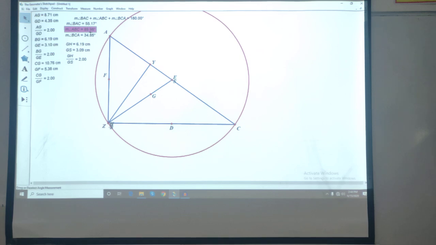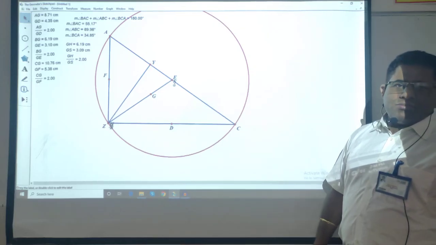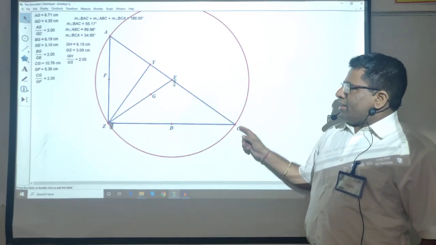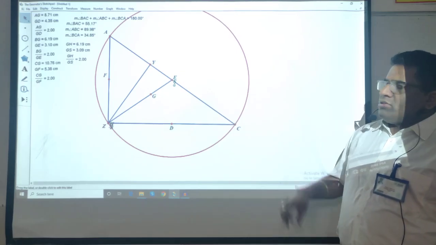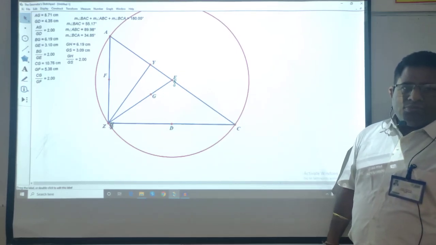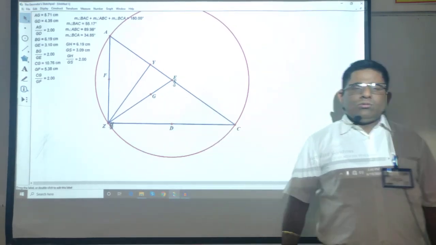You can see that S moves towards E. S becomes the midpoint of AC, and you have seen that in a right angle triangle ABC, AC becomes the diameter, because the angle in a semicircle is a right angle. When AC is the diameter, the midpoint of AC will be the center. So that's why S is moving towards E and H is moving towards B.